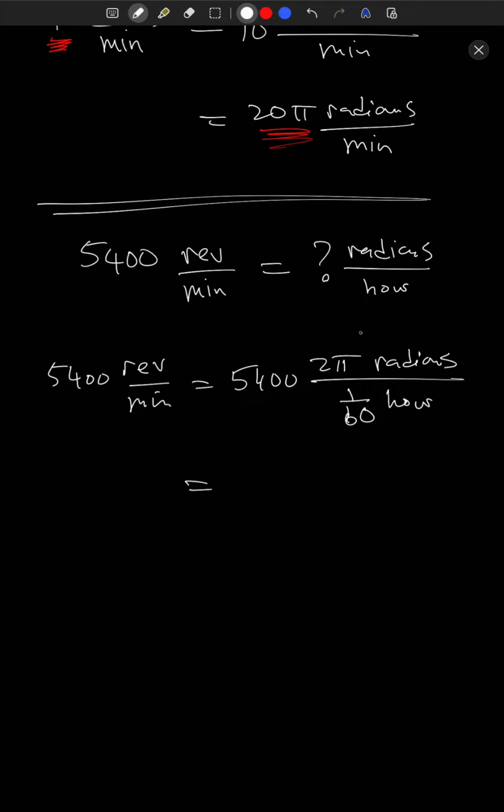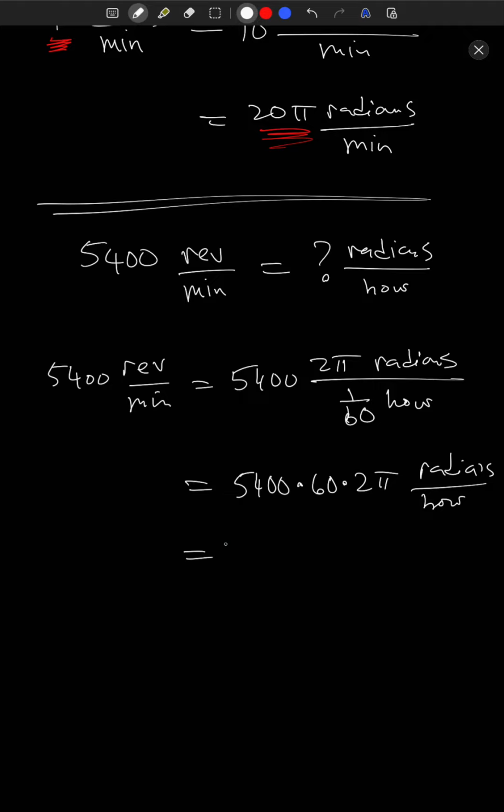All right, so we're going to end up with 5400 times 60 times 2 pi radians per hour. Okay. All right, I guess let's write this out.